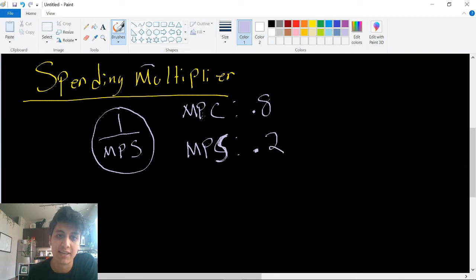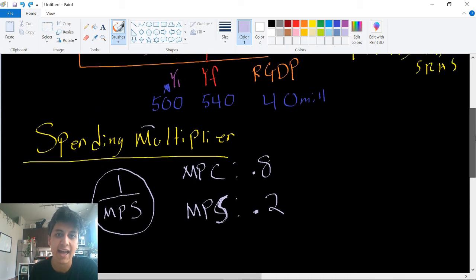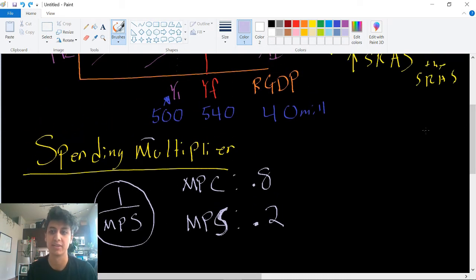And this is always the case: the consumption and savings are always going to equal 1. And this is a very valuable piece of information, the marginal propensity to consume and save, because this is going to help the government decide how much they should spend. Because thinking about multiplying money, we want these people to spend so it can be reused and multiplied throughout the economy to get to this 40 million.